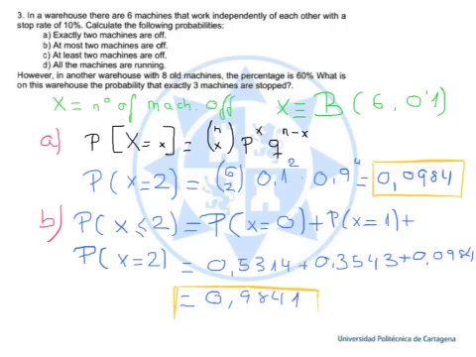So this is the result of part B. Remember that here we have used the tables to calculate the probabilities, but if you want, you can use the expression we used in part A. However, this is a longer way, so sometimes it is easier to use the tables.